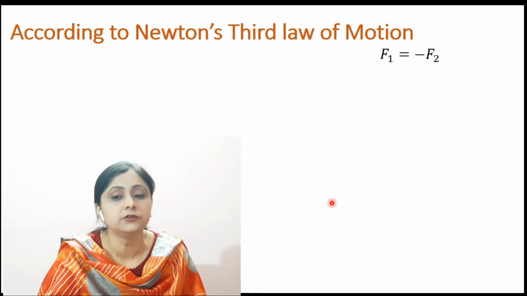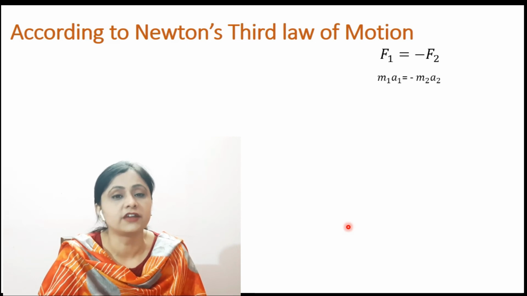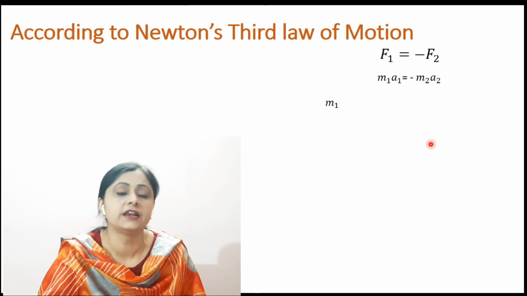And according to Newton's second law, you have studied F is equal to m into a. So for F1 we will write m1 a1 is equal to, for F2, m2 a2. Now what is the formula of a1? a1 is v1 minus u1 upon t.